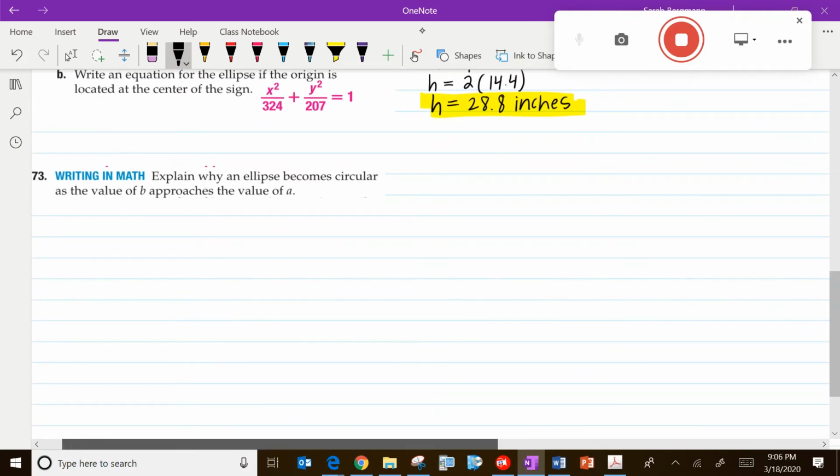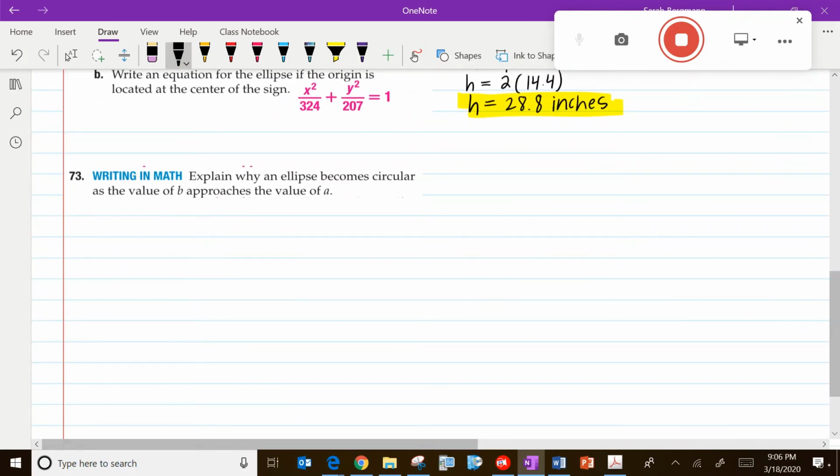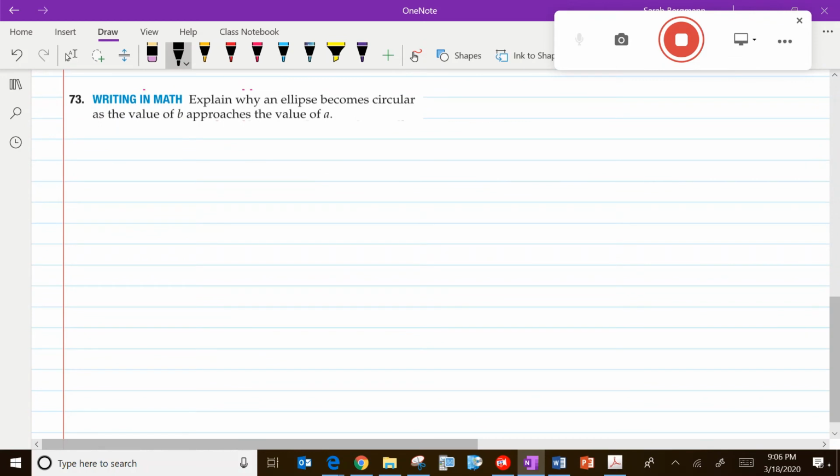Okay, finally, number 73. Explain why an ellipse becomes circular as the value of b approaches the value of a. So think about this. In an ellipse, whether we're talking about a horizontal ellipse or a vertical ellipse, remember, the a value represents the center to the vertex along the major axis.